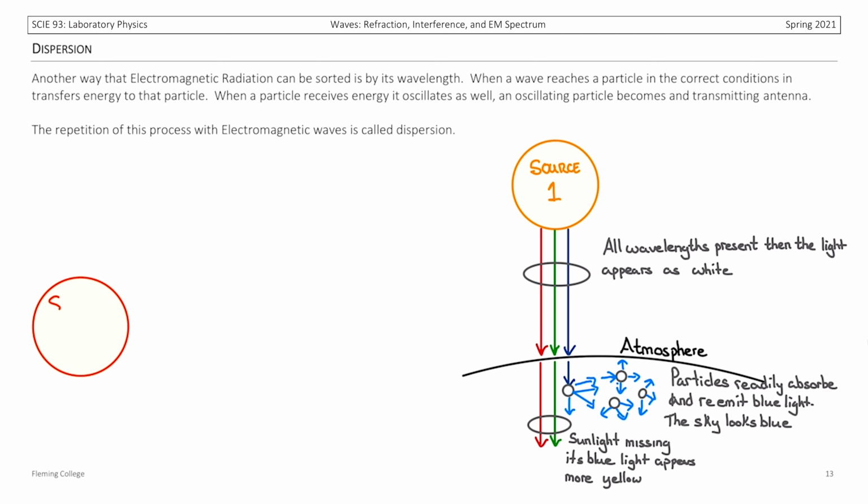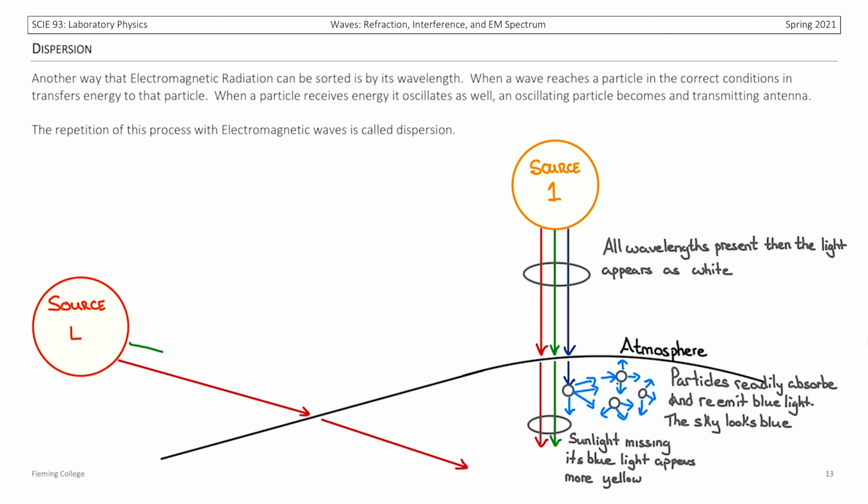When the sun is low on the horizon, or the source is low, then the collection of wavelengths have to travel through more atmosphere. In this case, even more wavelengths are scattered. We can see that more and more different wavelengths begin to get scattered.